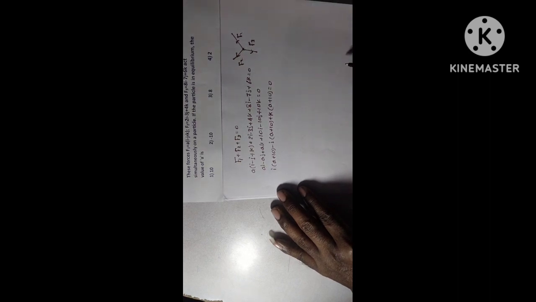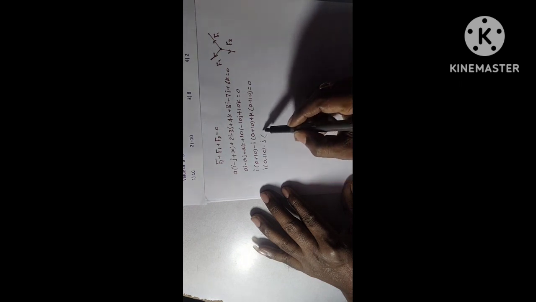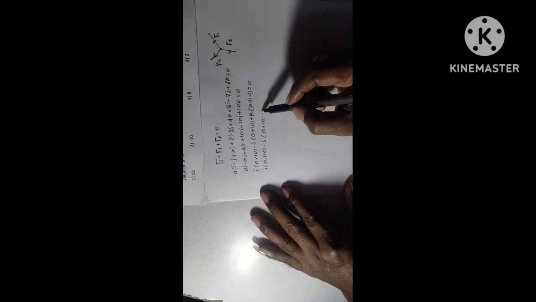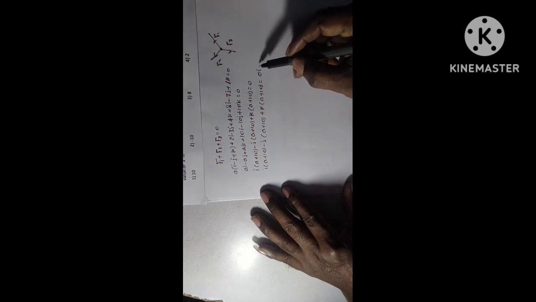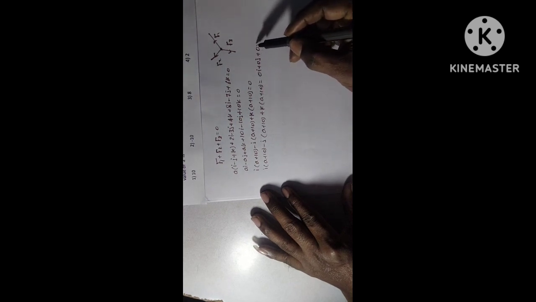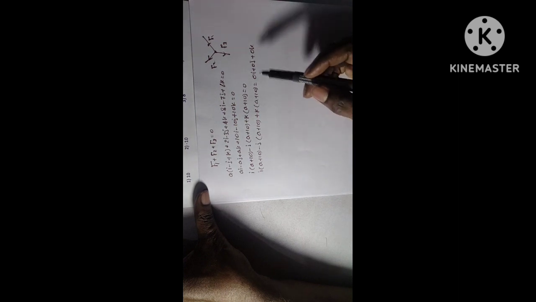Here 0 means the null vector, so that can be written as i into (A plus 10) minus j into (A plus 10) plus k into (A plus 10) is equal to 0i plus 0j plus 0k.